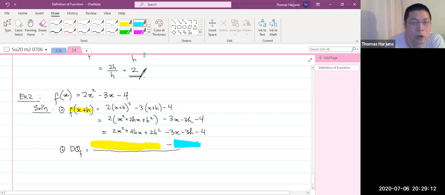Now I use this coloring so that you can kind of keep track of what we do. Okay, on the top left here, this is 2x squared plus 4hx plus 2h squared minus 3x minus 3h minus 4 minus the f of x, which is 2x squared minus 3x minus 4.